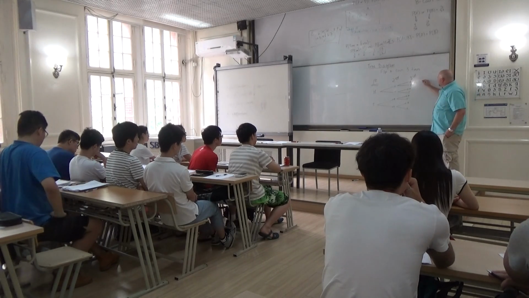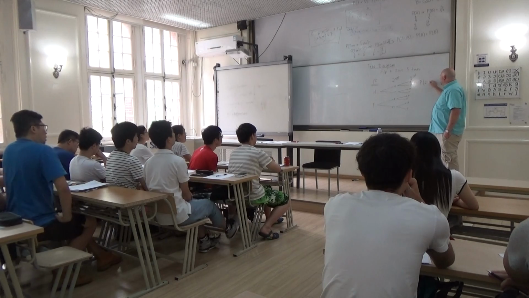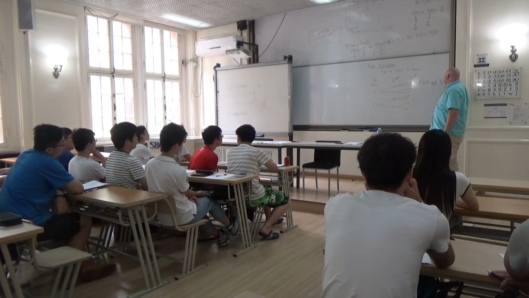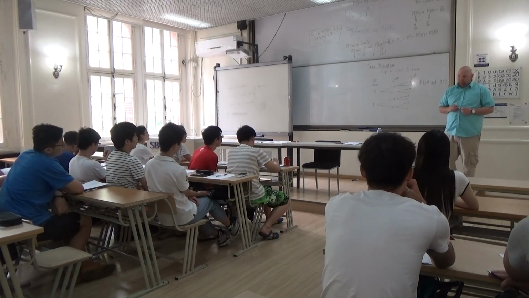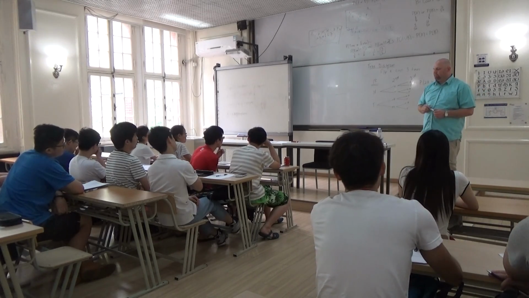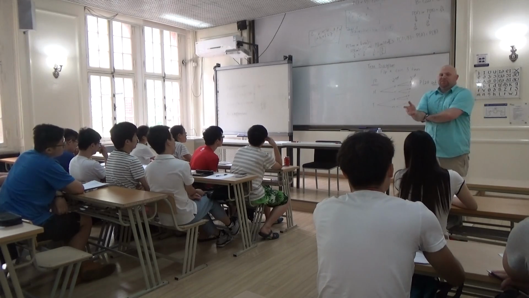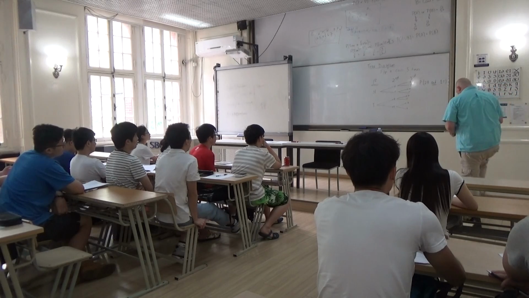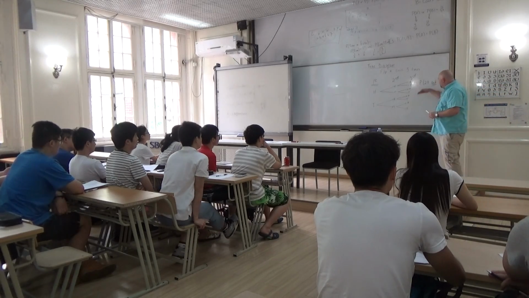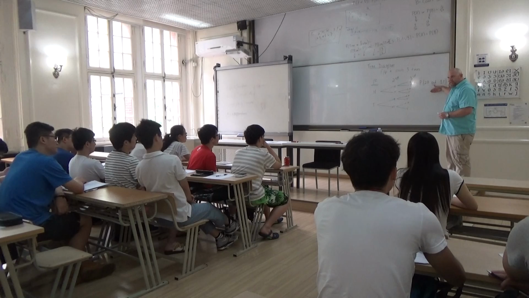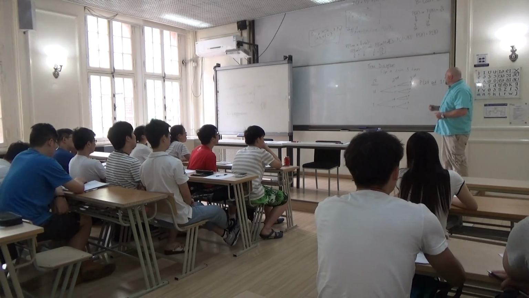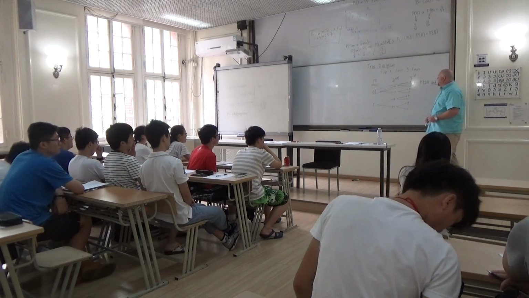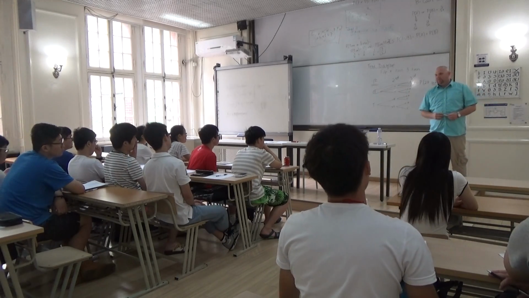So let me ask you this. What is the probability of 2 heads and 1 tail? Okay, let's look at the tree. Remember that the top number is the number of desired outcomes. So here's one path. Heads, heads, tail. Is there another path?